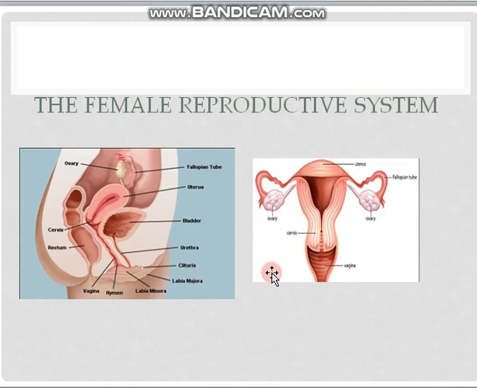So those are the various parts of it. We can identify the bladder and the urethra, which function separately from each other, unlike in the male reproductive system where both urine and semen pass through the same tube. Here they are separated. So that is the unique thing about the female reproductive system.